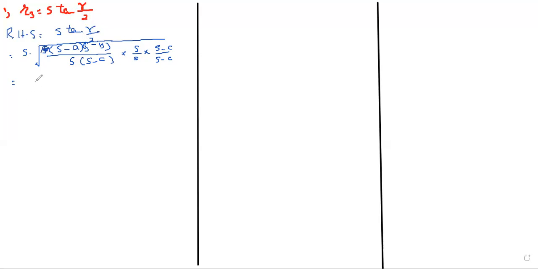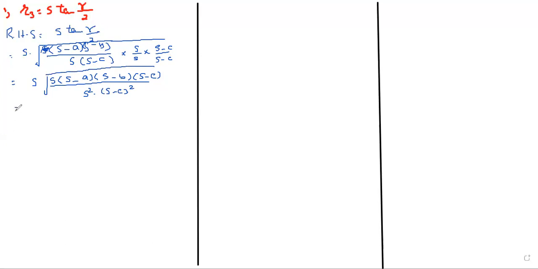This is S, this one is S minus A, S minus B, and S minus C, divided by S square and S minus C square, and this is the root.